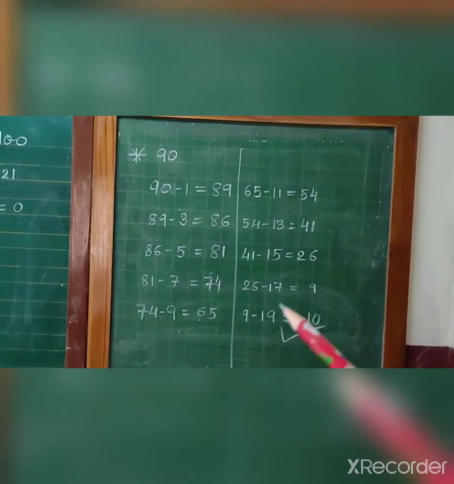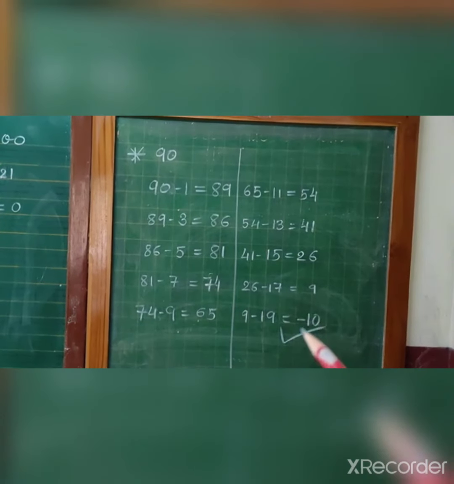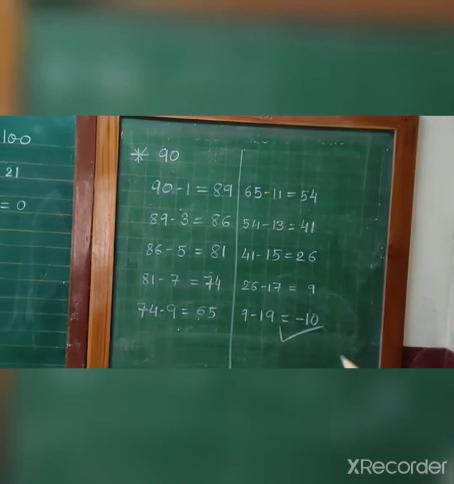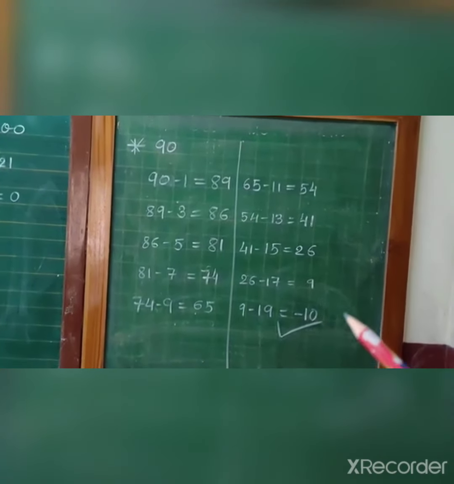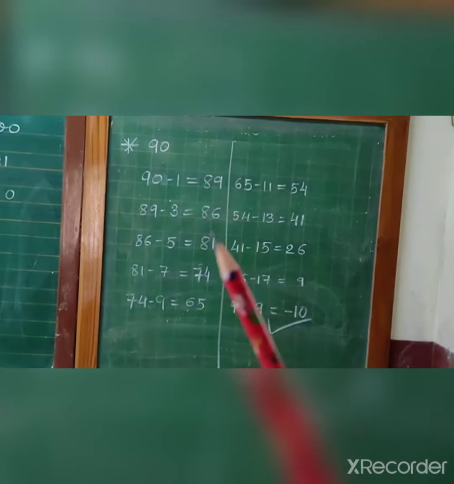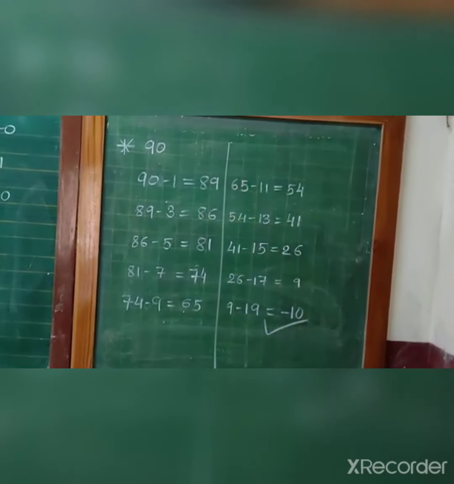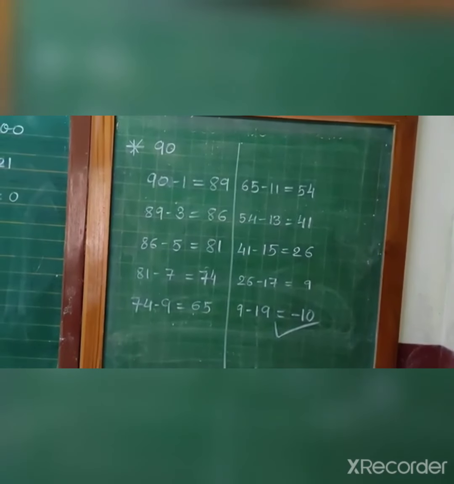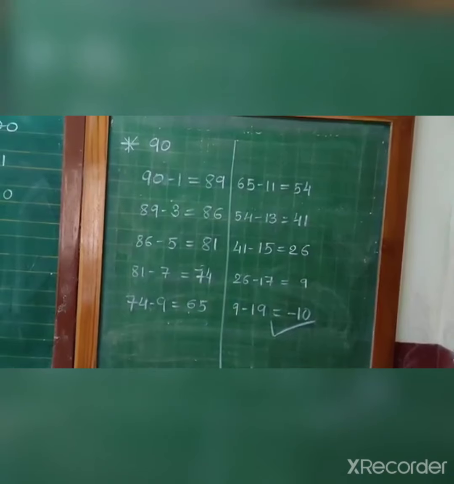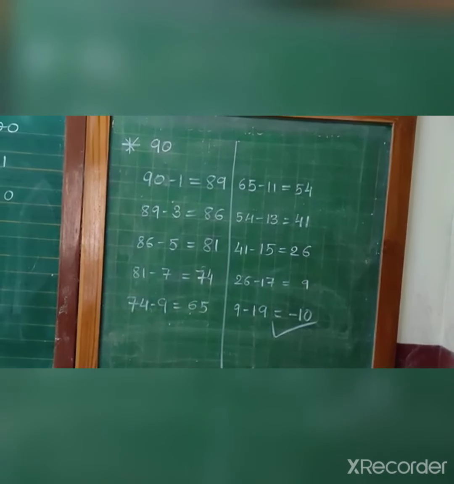Next successive natural number you are subtracting, you get a negative remainder. So we are not getting 0, so 90 is not a perfect square. Next, the 3 questions in between these 2 numbers you will solve, don't skip.